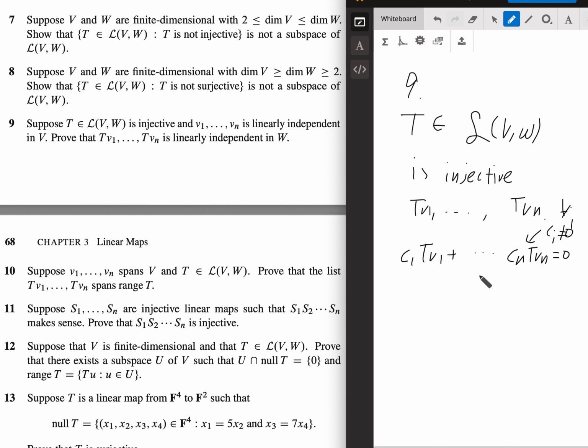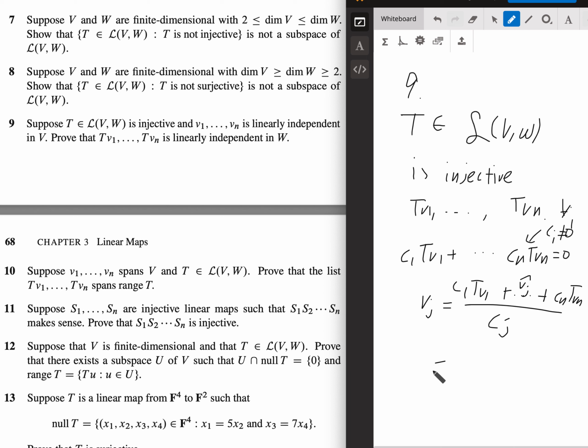Then you can rearrange the linear combination in such a way that the unique non-zero coefficient, or it doesn't have to be unique, but in the worst case it probably is, gets mapped to something like this.